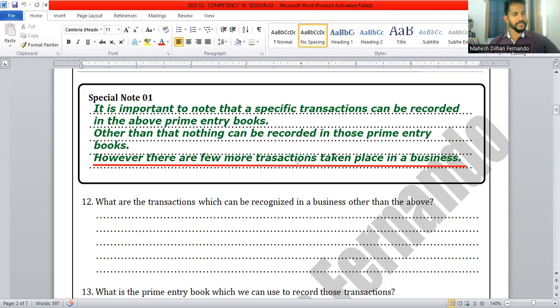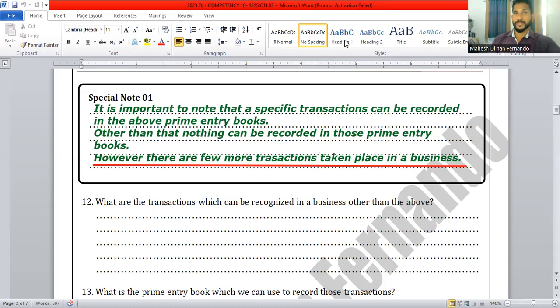Taken place in a business. Right. Then we are moving to the 12th activity. What are the transactions that can be recorded in a business other than the above?